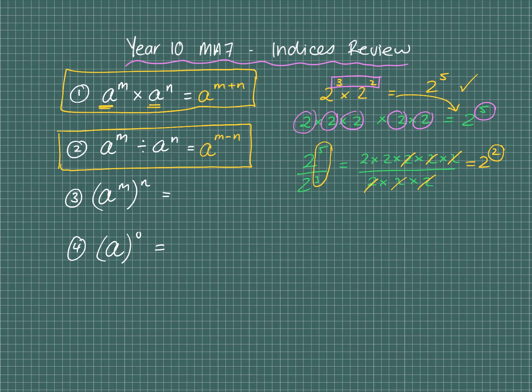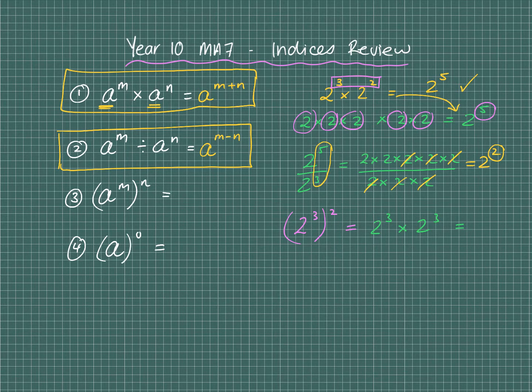The next one is going to be a similar one. I'm going to say 2 cubed, all squared. So if we pull it out, what this means is 2 cubed times 2 cubed, because I'm squaring it, so we're multiplying it by itself twice.